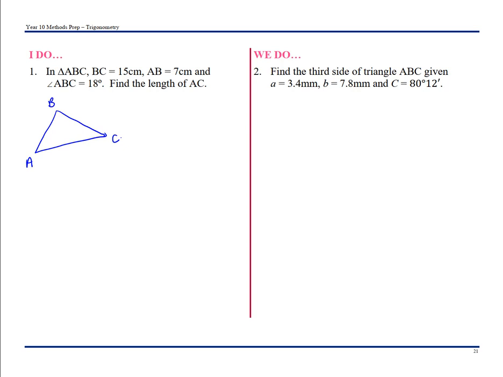So BC is 15 centimetres, AB is 7 centimetres, and angle ABC, now remember that middle letter gives you the actual angle, so angle B is 18 degrees, and we want to find the length of AC. So that's little b.